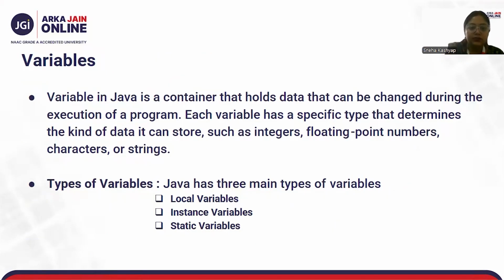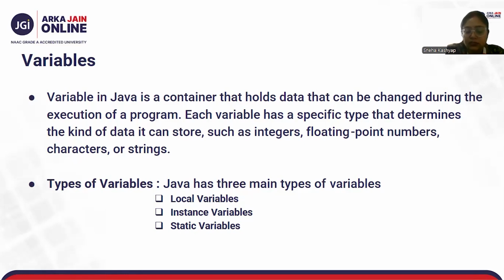So the next topic is variable. A variable in Java is a container that holds data that can be changed during the execution of the program. Each variable has a specific type that determines the kind of data it can store.